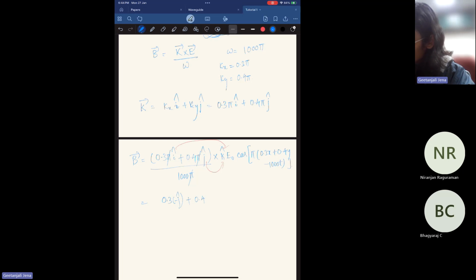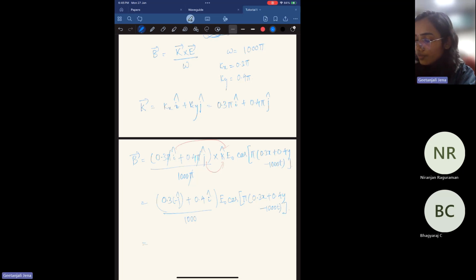So 0.3 times minus j cap plus 0.4 i cap, and E0, there is 1000 here, cos pi (0.3x plus 0.4y minus 1000 t).